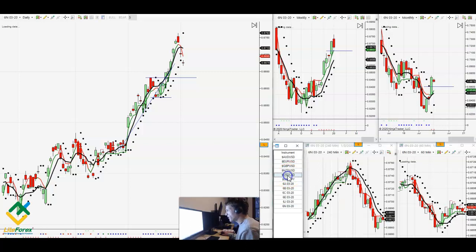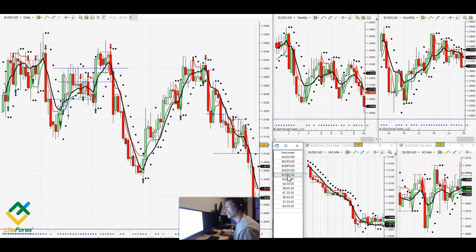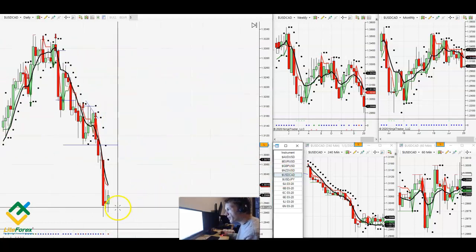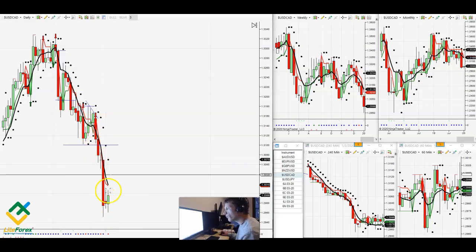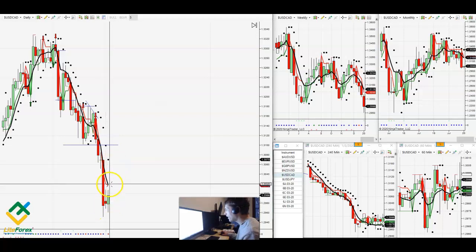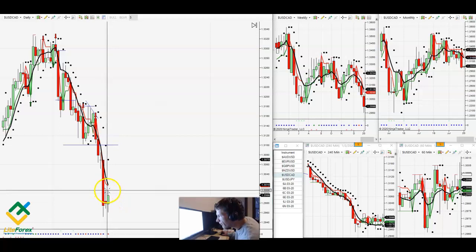Okay, let's get to the USDCAD. Okay, USDCAD, so when I looked at this on the 31st, it was just going straight down. I commented on this big rangy candle, and I said we were going to get a rebound. You can see that rebound has happened. Looking at this, we're kind of in a flag, if you will.